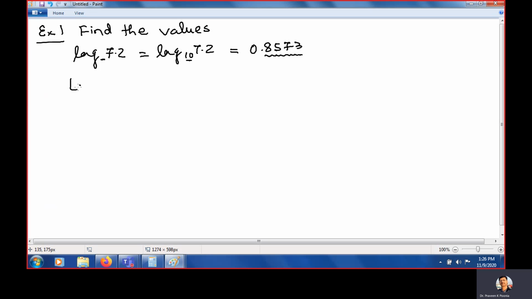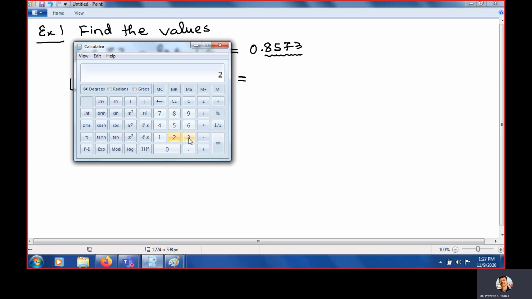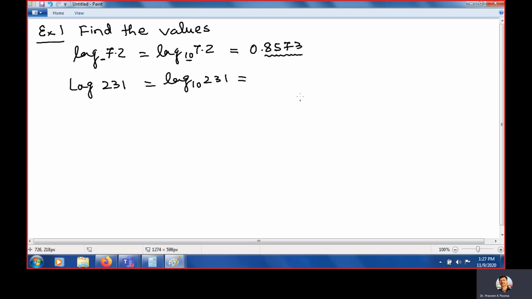Clear? You want to calculate log of 231. It means log of 231 base 10. We type 231 and press log. The answer is 2.3636.